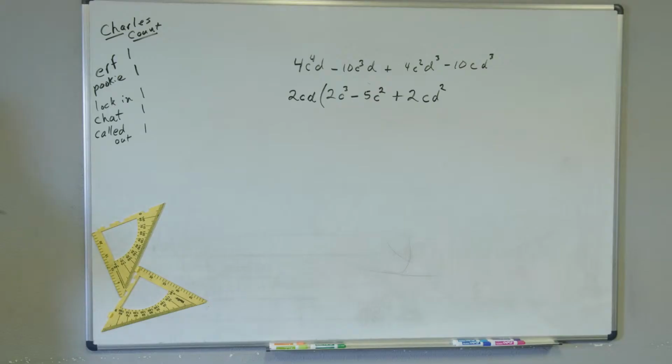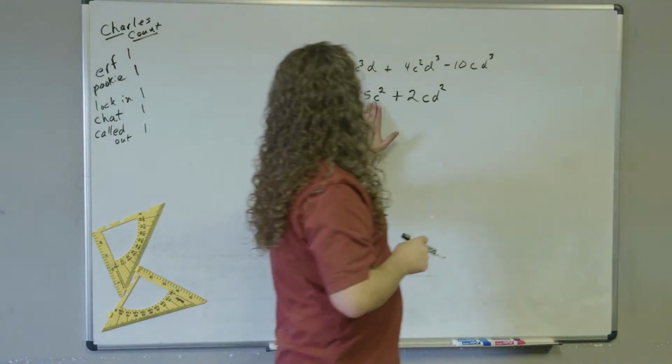Okay, so now this needs a longer pause because the question is going to be slightly more complicated. Don't check out on me. If I pull 2CD out of negative 10CD cubed, what's left? Give it a bigger pause. I'm doing the same thing we've done these times.